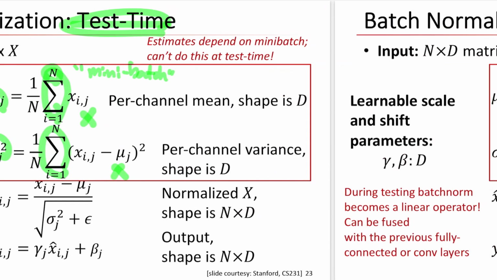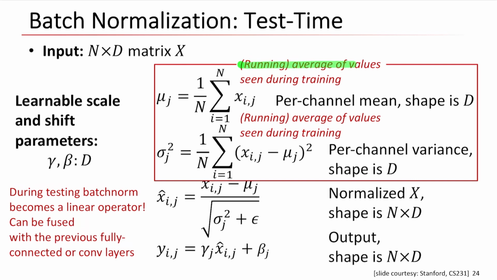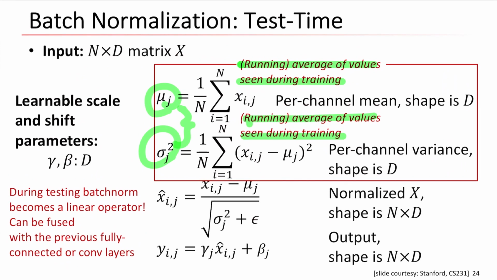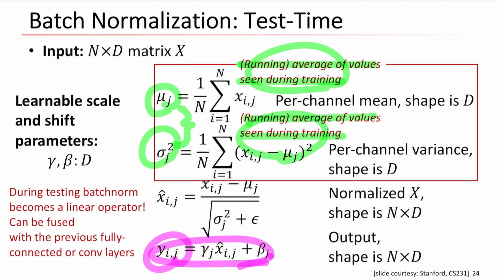At testing time, you can use the running average of the values seen during training for mean and variance, right? So it means that we have to memorize those average values during training, and then by using this one, we can generate the new y n from the x n, right? So this is the testing time of batch normalization.